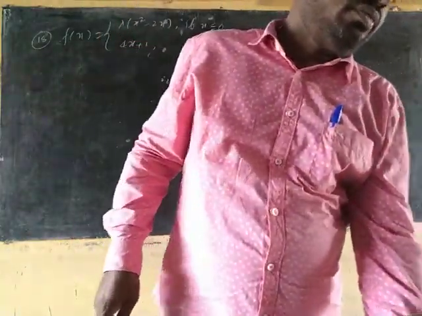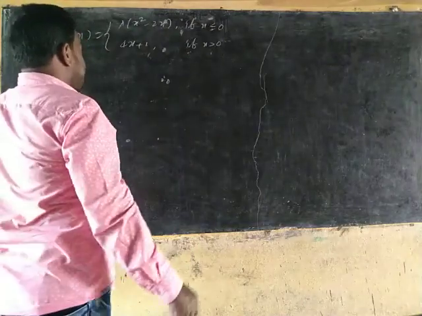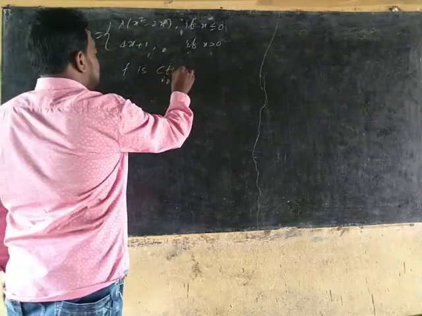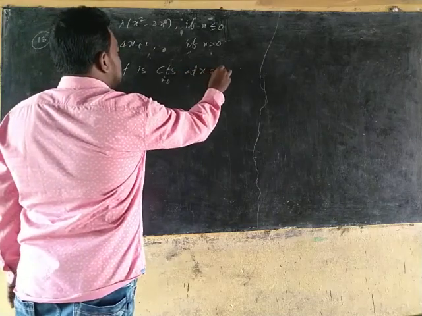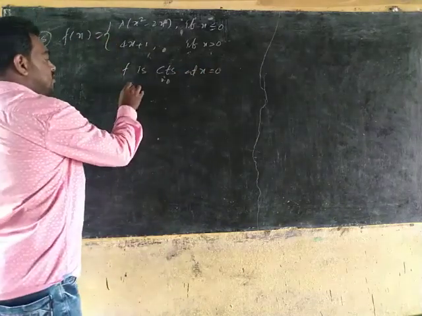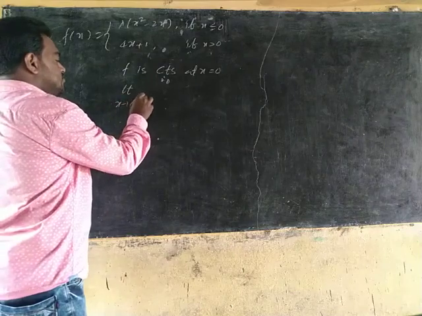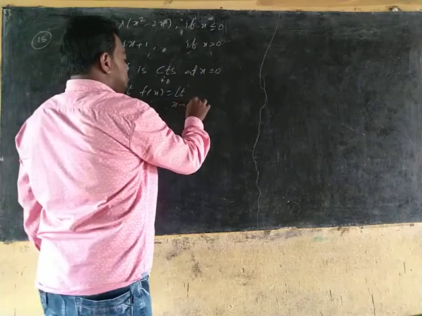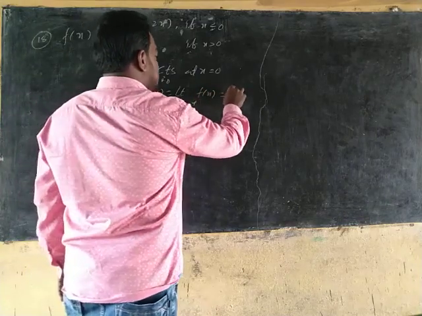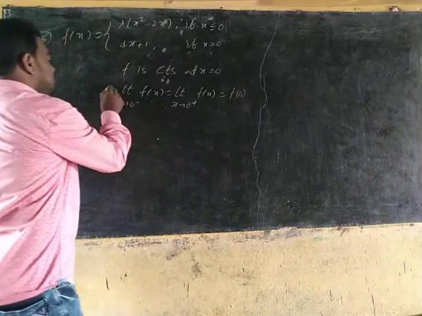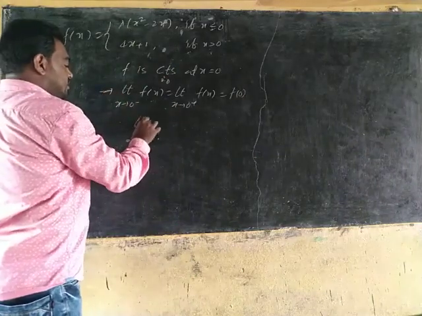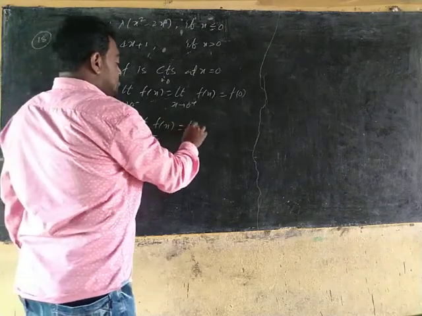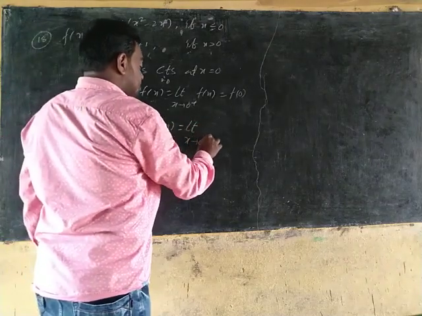See now, first this function f is continuous at x equals 0. So limit x tends to 0 minus of f of x is equal to limit x tends to 0 plus of f of x is equal to f of 0. So now you take this left hand limit and right hand limit equal.